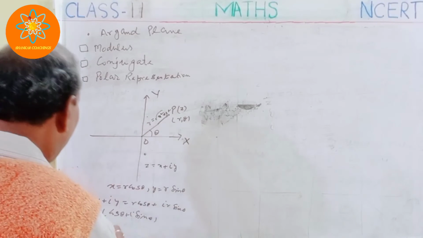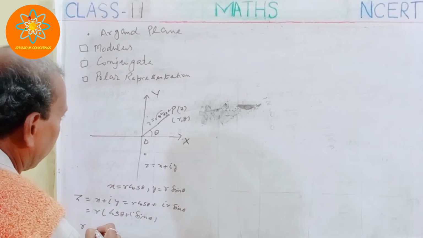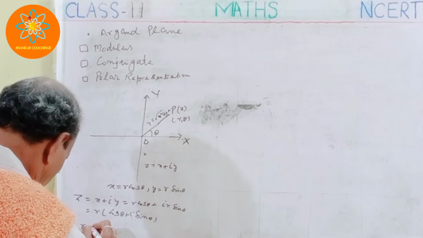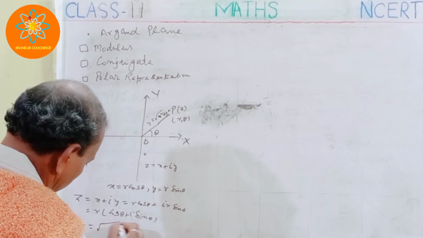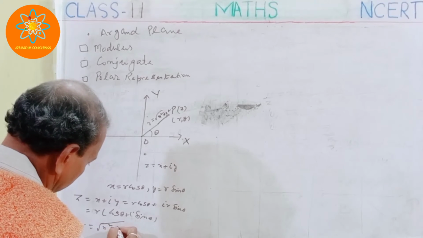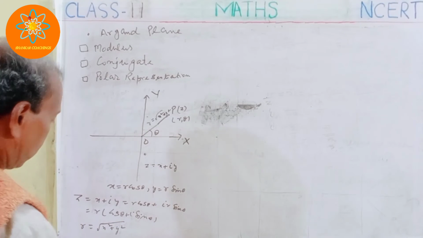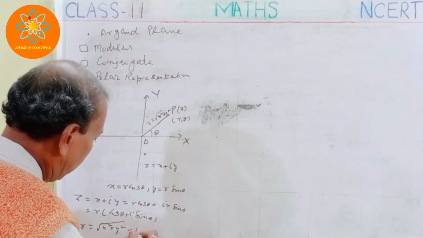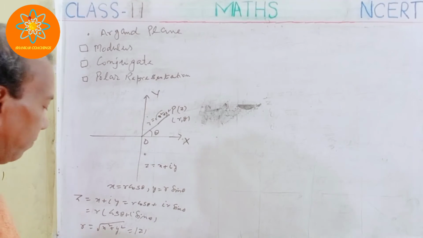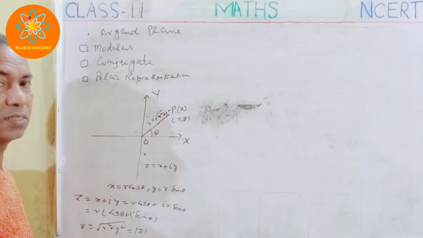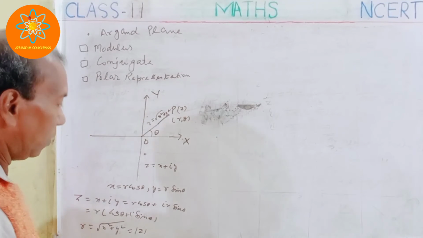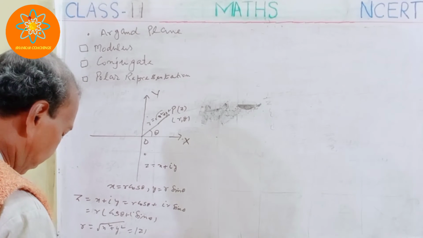What is the value of this r? The value of r is equal to under root of x square plus y square, so I can write it as mod of z. But now theta is the angle. So I can write what is the value of theta.